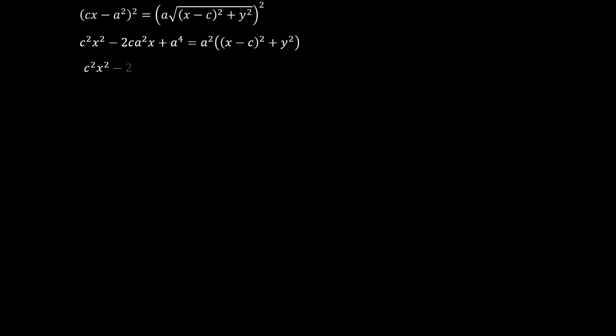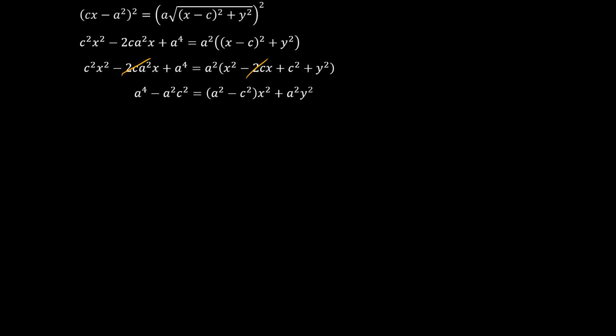And you can go on and simplify it further until we come to a point where you realize this and this cancel out, and so we have a to the power 4 on the left hand side, and we've taken this to the right hand side, and that's what constitutes this: minus c squared times (a squared minus c squared) in brackets times x squared, and then we have a squared times y squared.